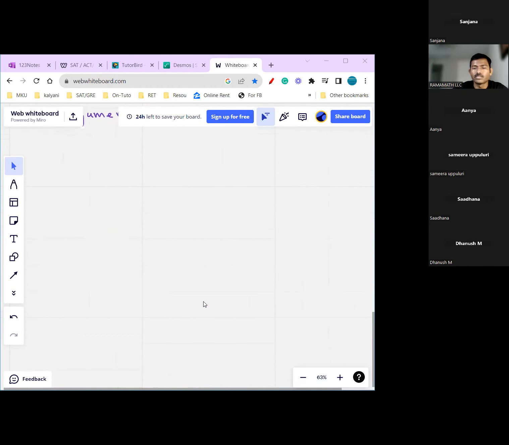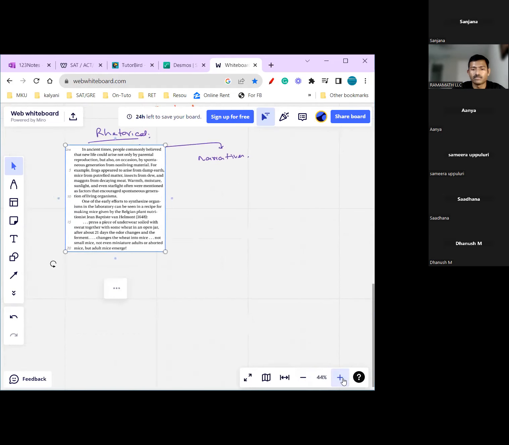Let me put that passage one more time for you guys with the numbers. That way it makes more sense, because it's really hard to answer the questions without the numbers. So let me put that passage and we can look at it, so that way it's much easier for you guys. Give me 1 second. Oh, come on, it's too small.